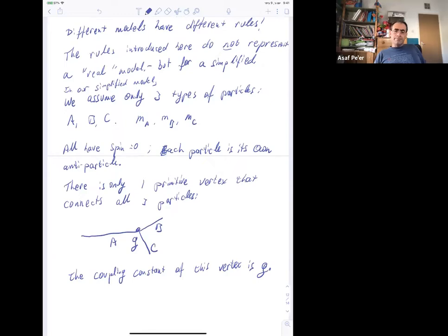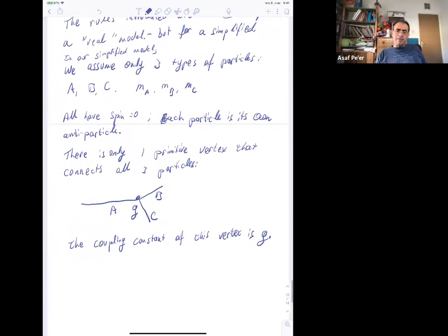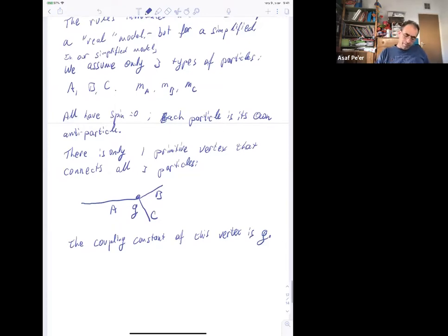Now we're also assuming that particle A is the most massive one, so massive that its mass is larger than the masses of B and C together. So we can have a decay of particle A into particles B and C. We assume that MA is greater than MB plus MC.